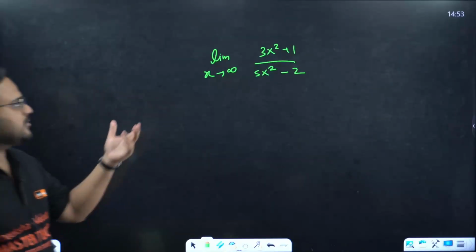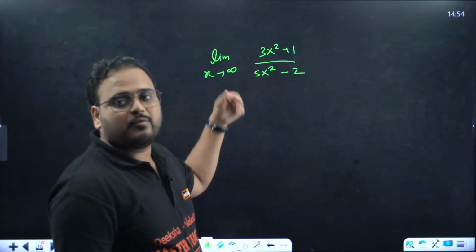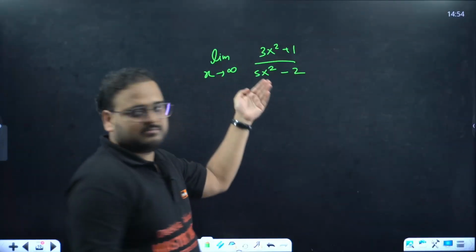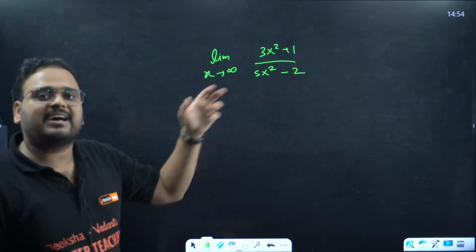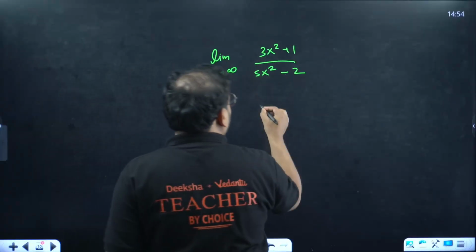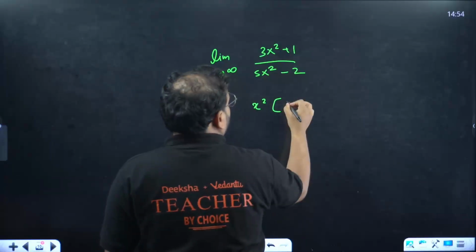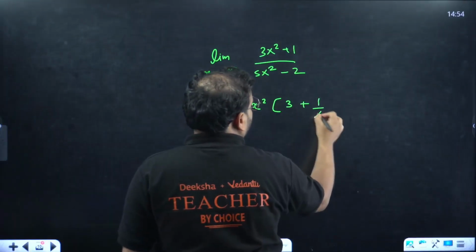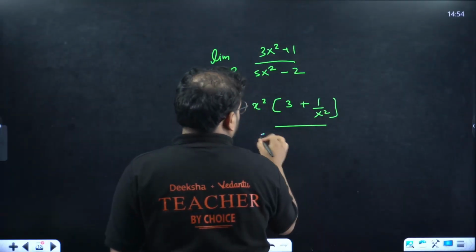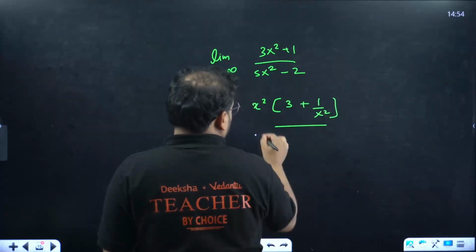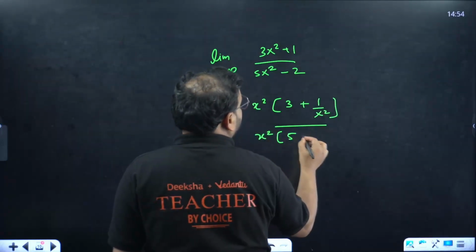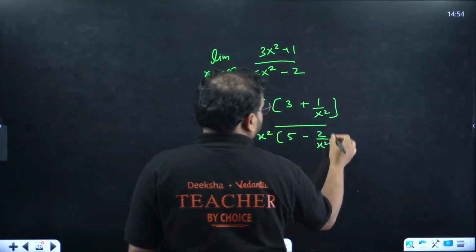How do you solve this question? In this kind of question, you will check for the highest degree. Wherever it is there, take that common. Here we have x square in both. Take x square common. You'll have 3 plus 1 upon x square, and here again take x square common, you'll have 5 minus 2 upon x square.